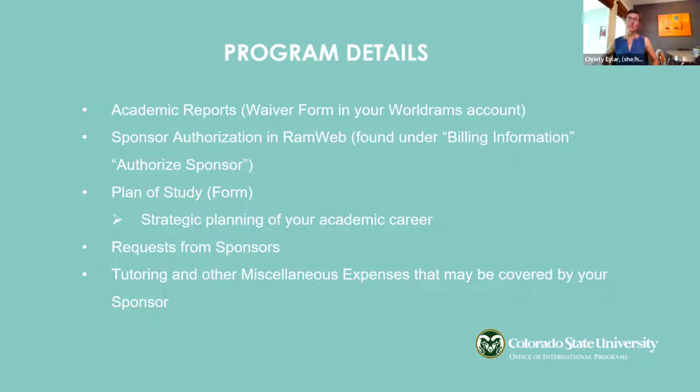There's a separate waiver that's more related to the billing of your tuition and fees to your sponsor. That's going to be a form that you should all soon, if you haven't already, receive an email about, asking you to authorize your sponsor in RAMWeb. The way you're going to do that is go to the billing information in RAMWeb and then authorize sponsor.